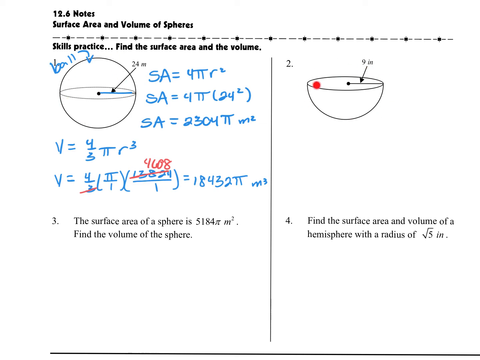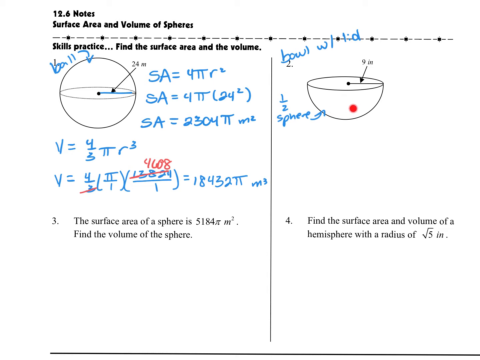Our next problem is what I am going to call a bowl, okay? So this is like a bowl. And our bowls will always have a lid, okay, a bowl with a lid. And what that's saying is we're going to have a half sphere here, okay? So if we were thinking surface area, this outside piece would be half of this.